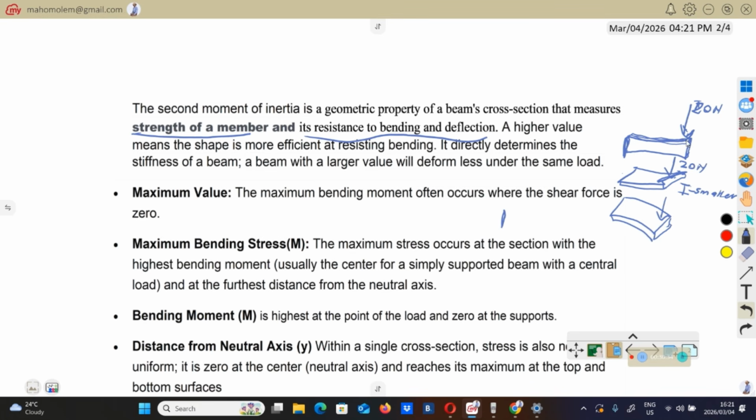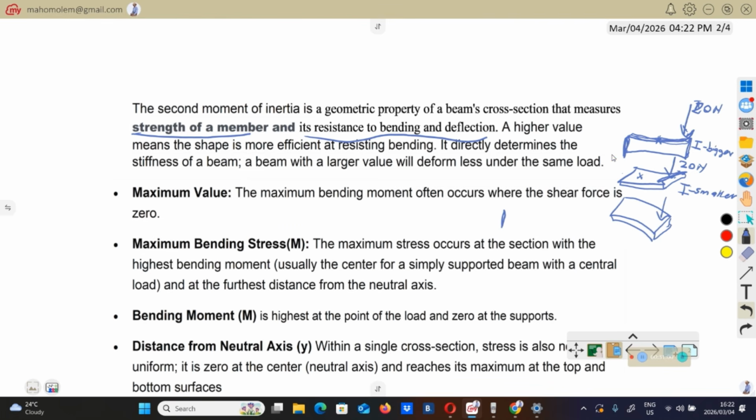But if you put the very same load of 20 Newton while the ruler is placed like this, that ruler is not going to bend, meaning that it's going to have the bigger I resistance. So it means that the ruler, when it's placed like this, is going to have more strength. When it's placed like this, it's going to have less strength. So the I value is telling us about that.